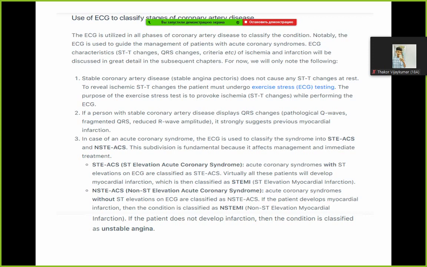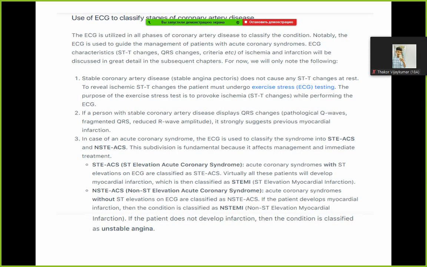To reveal ischemic ST and T changes, the patient must undergo exercise stress ECG testing. If a person with stable coronary artery disease displays QRS changes, for example pathological Q waves, or reduced R wave amplitude, it strongly suggests previous myocardial infarction.